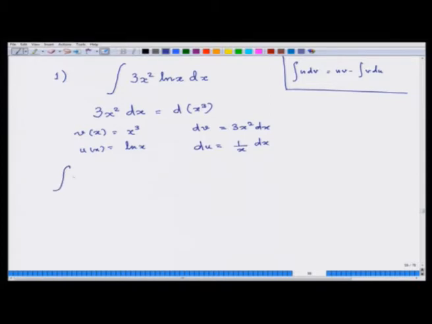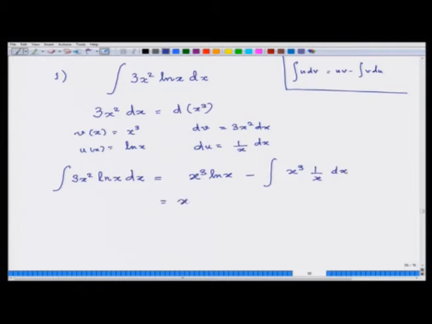So, the integral of 3x square ln x dx is equal to, now let me see, you have u into v. So, you have x cube ln x minus v, that is x cube, into du, that is 1 by x dx.